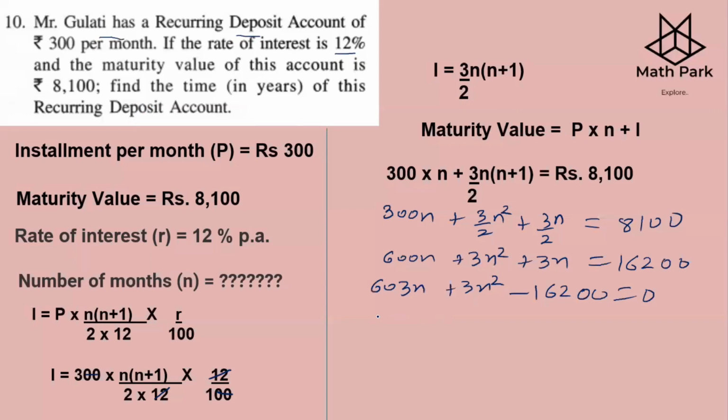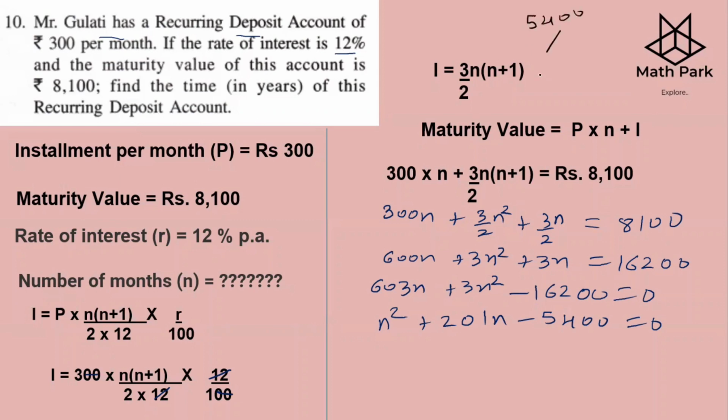Dividing throughout by 3, we get n square. Dividing 603 by 3, you get 201 n, minus 5,400 is equal to 0. Now we find the factors of 5,400.